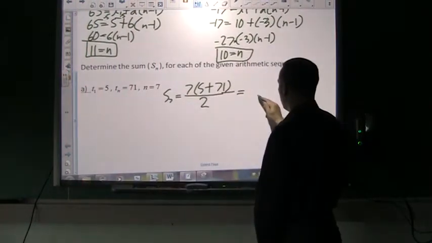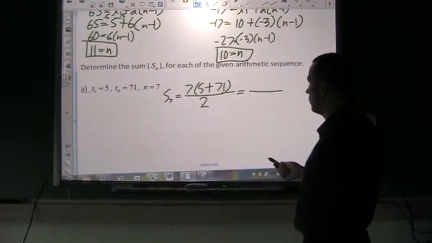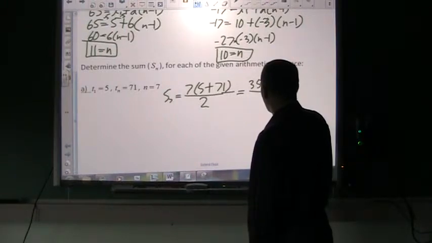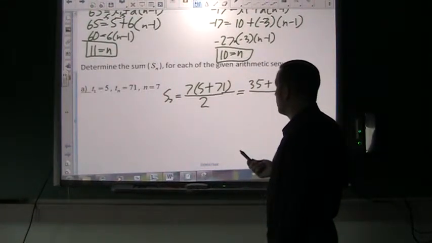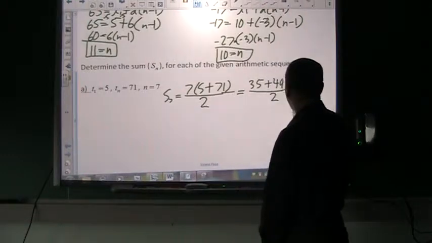So again, a little bit of mental math. Depends on how you want to actually do it. I'll probably do 7 times 5 is 35, plus 7 times 71, 7 times 70 is 490. So 497 here, all divided by 2.